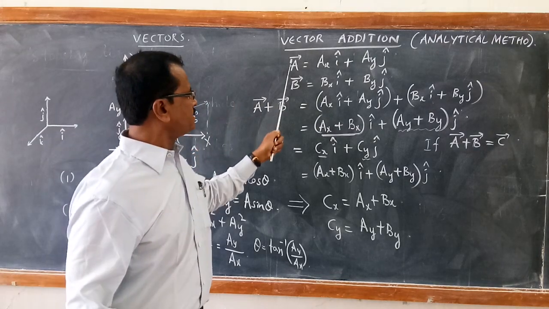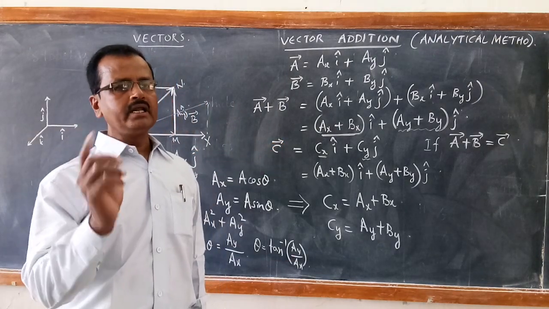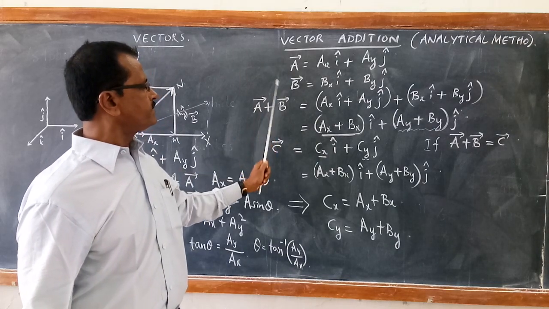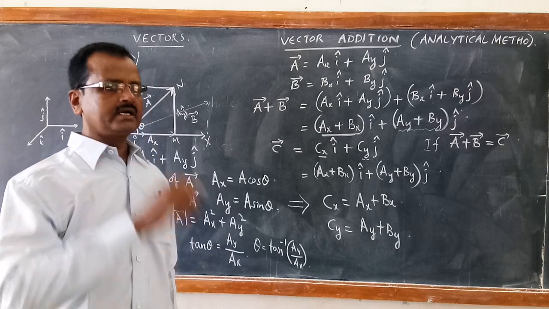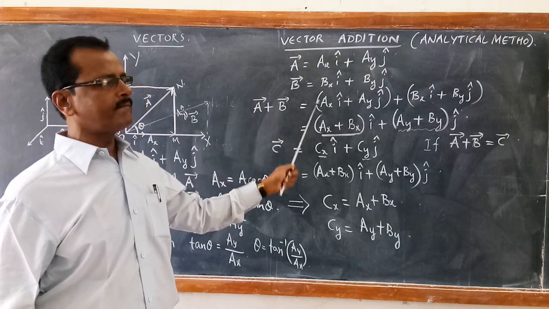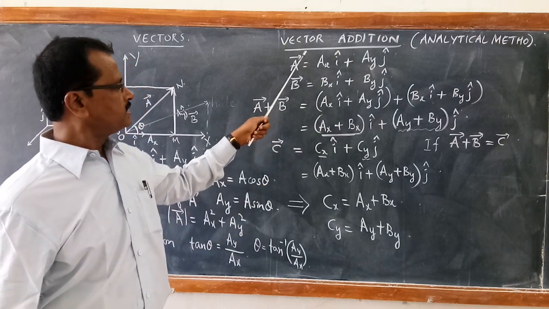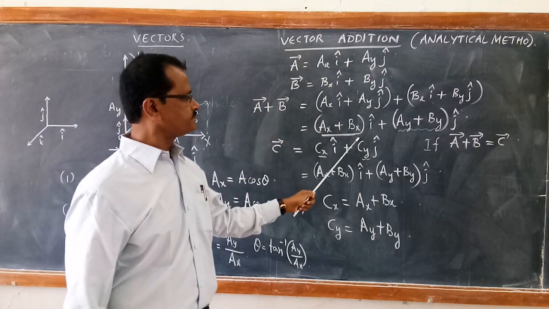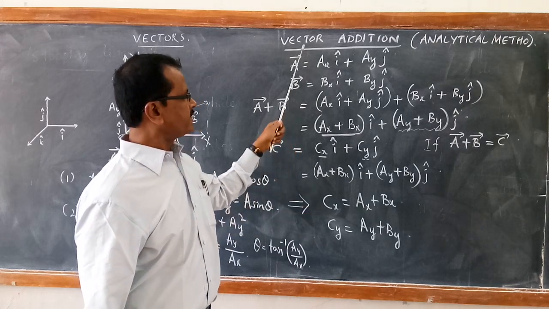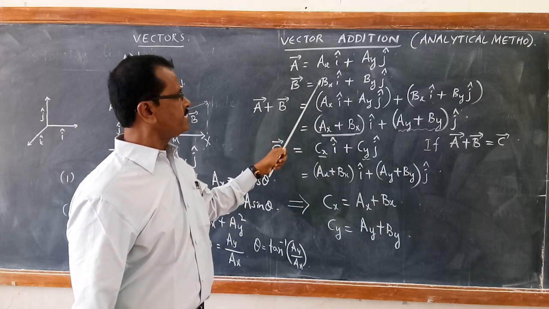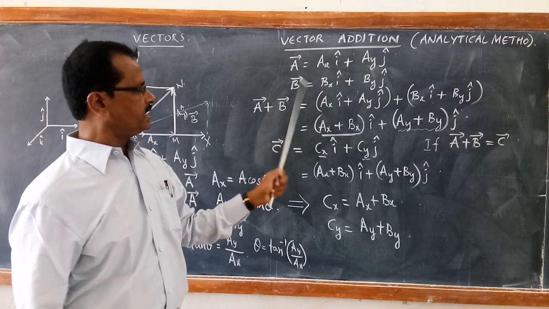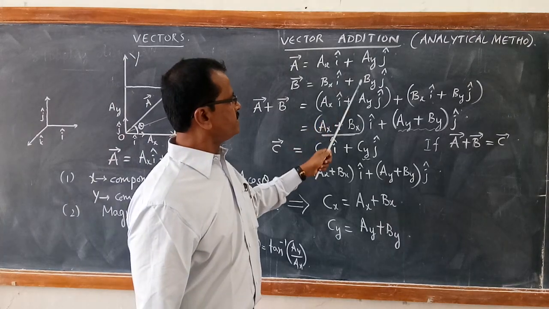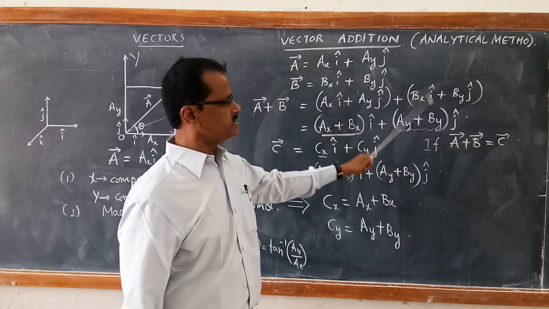If I want to add these two vectors and subtract vector D from the sum, then it becomes vector A plus vector B minus vector D, which is ax plus bx minus dx i cap plus ay plus by minus dy j cap.